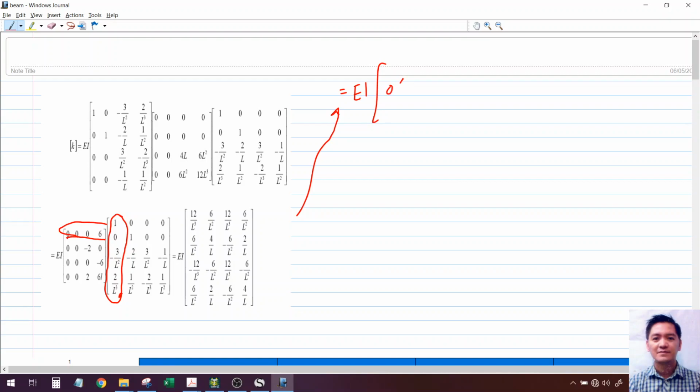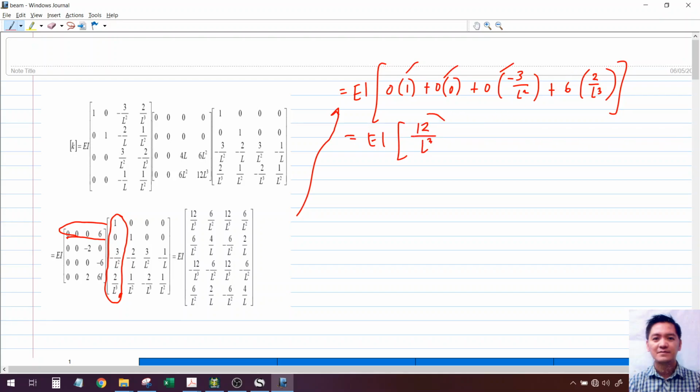So 0 times 1, okay, plus 0 times 0 plus 0 times negative 3 over L squared plus 6 times 2 over L cubed. What's that? What did we get? So 0, 0, 0. So 6 times 2, 12 over L cubed.